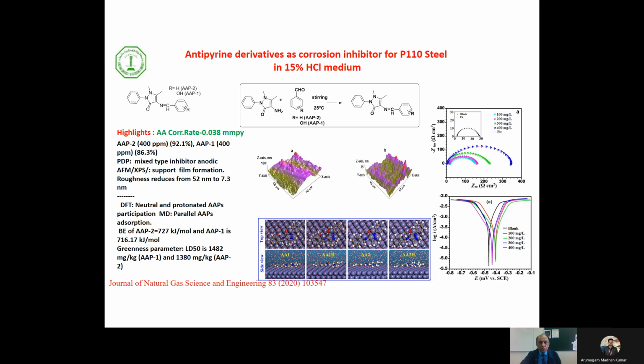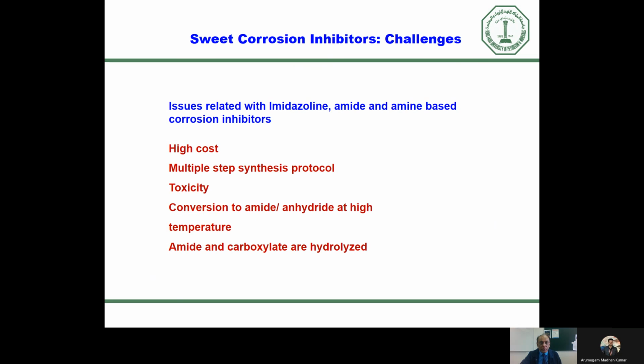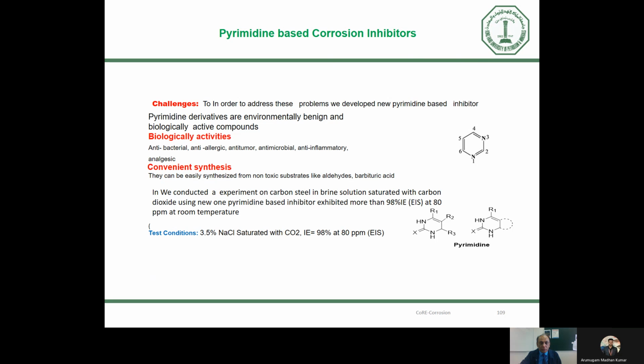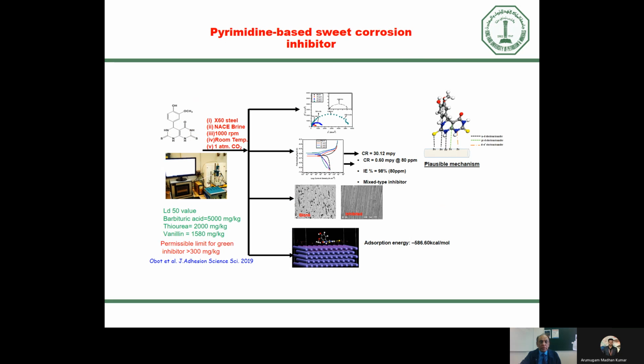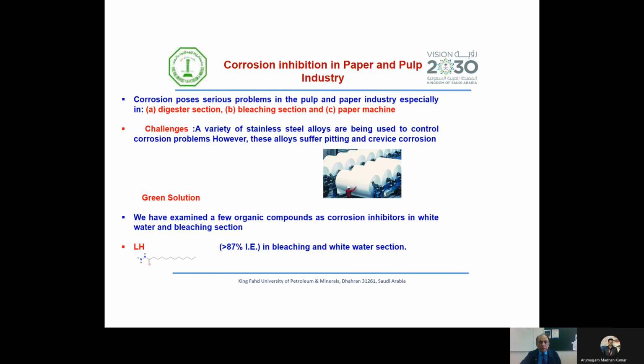Antipyrine derivatives are also used as corrosion inhibitors by our group. There are many inhibitors, such as these pyrimidine types of inhibitors.